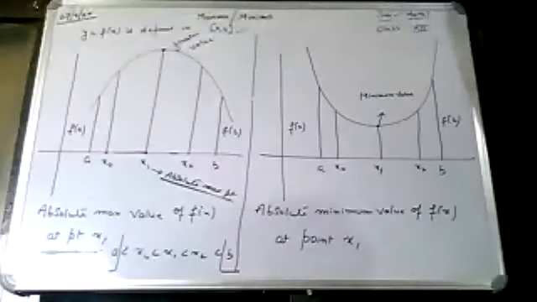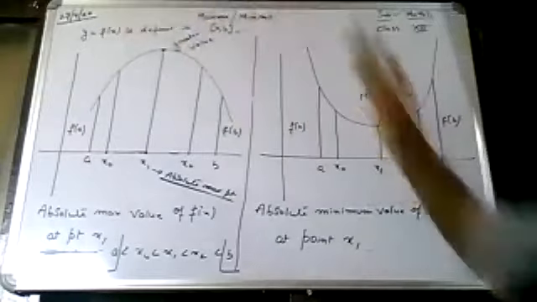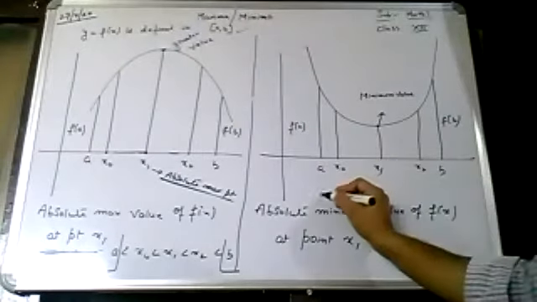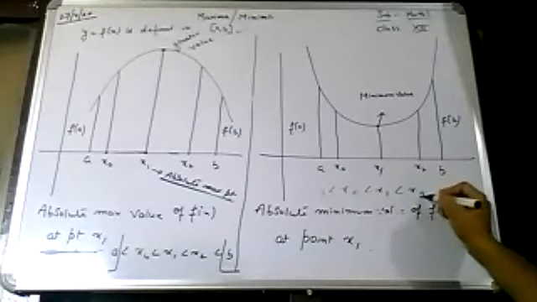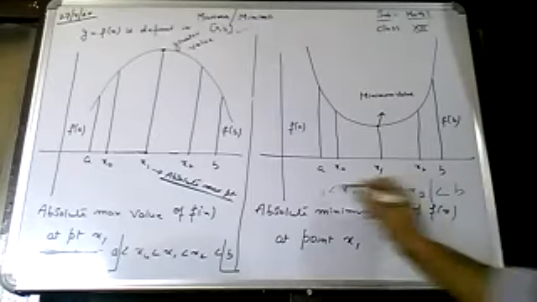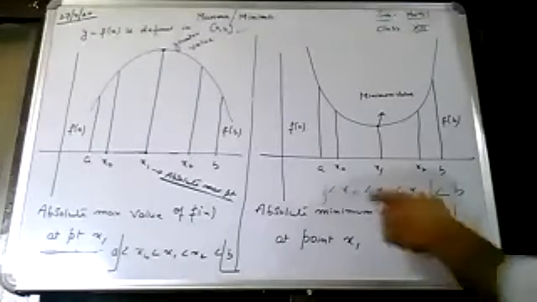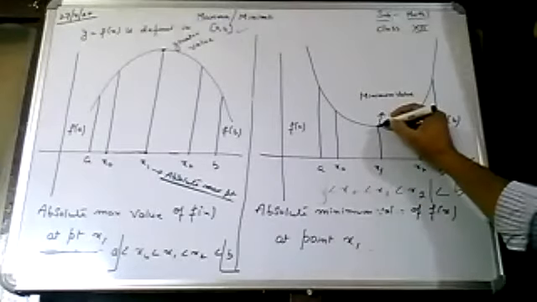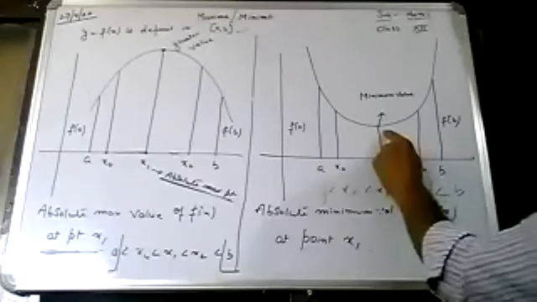Similarly class, again y is equal to f of x is defined in the interval a and b. So this is a and this is b, with a less than x0, x1, x2 and finally b. I have taken 3 points, you can take more. You can see at point x1 the value is minimum.